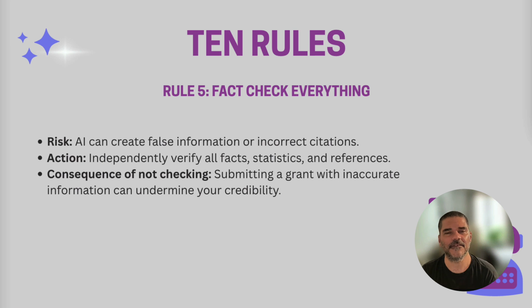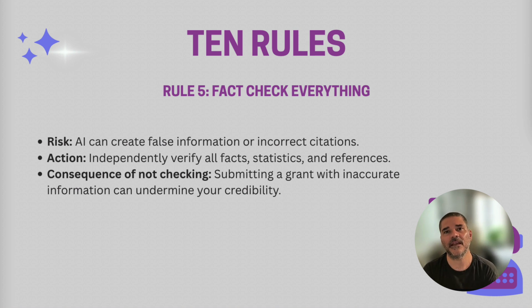Rule number 5, this is important. You cannot trust the AI. It's a smorgasbord of information that at first read sounds useful. And then you realize, oh no, it's creating false information, it's citing incorrect facts and figures, or it's giving me web links to websites that don't exist.